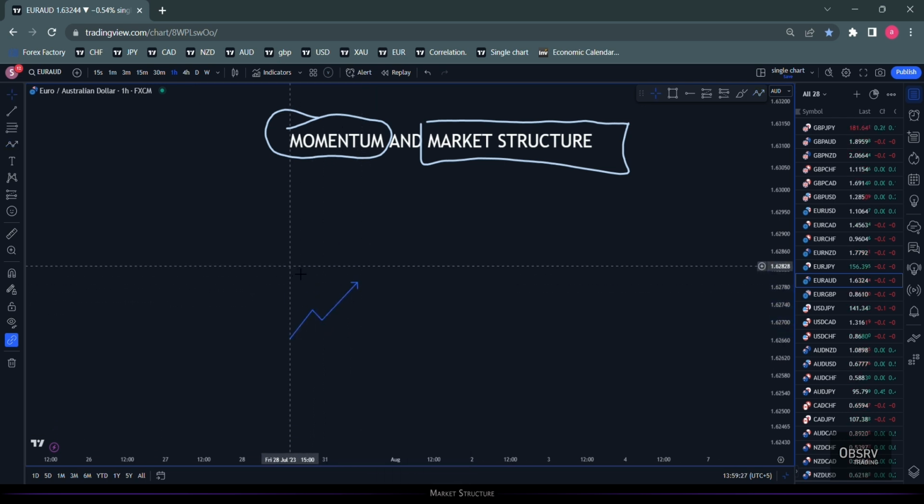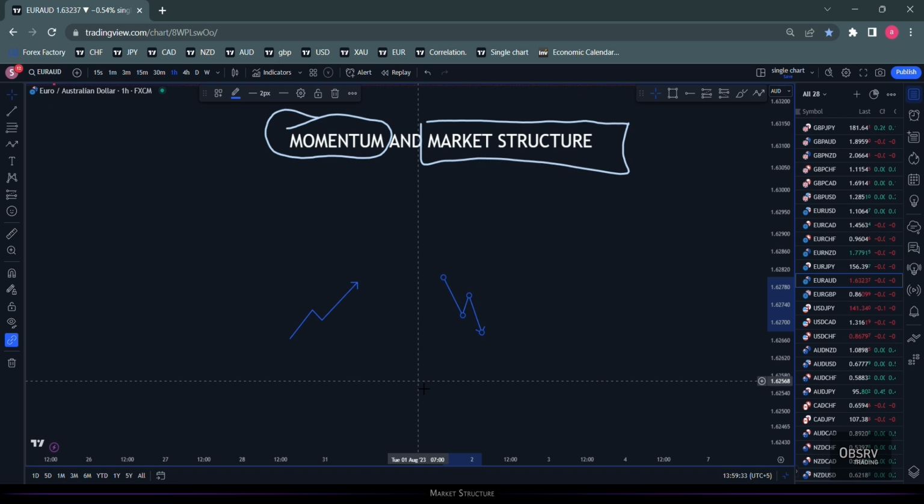If we are in a downtrend, the structure is going to be lower highs and lower lows. If we are in any other state, like a range or a channel, the market is not making any new highs or new lows. It's just stagnant, spending time in an enclosed area, not going higher, not going lower. That, in simple words, is what structure is.